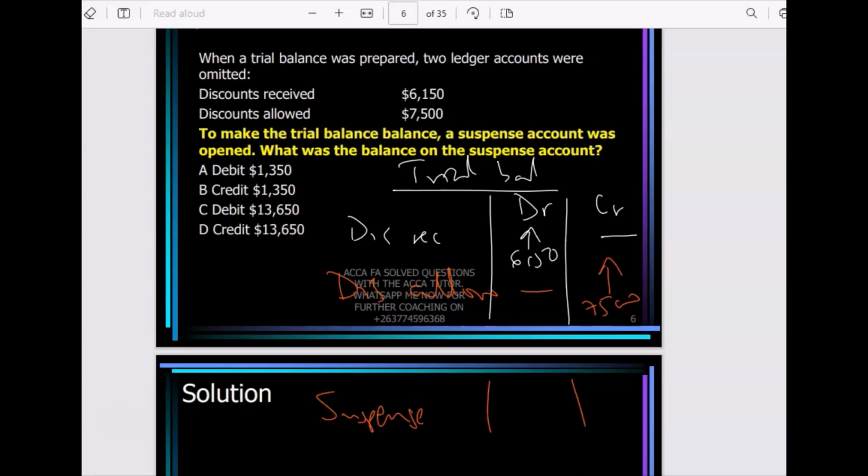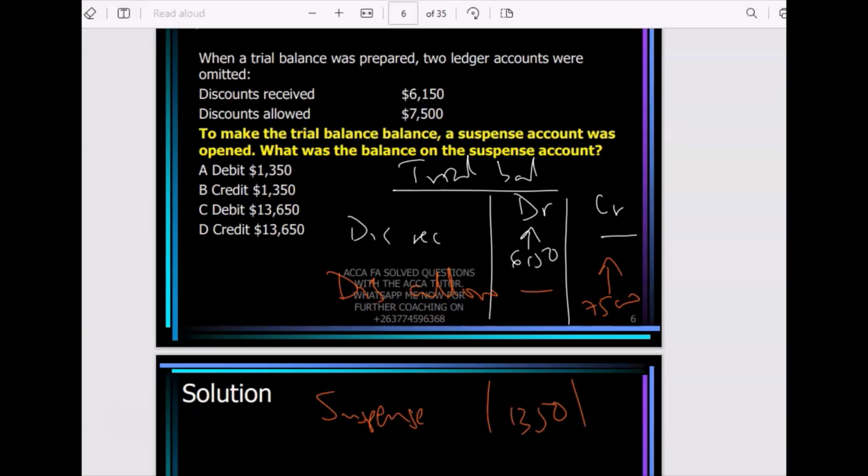Looking at the information you are seeing there, the credit side of the trial balance is over by 7,500 minus 6,150, so it is over by 1,350. So we input the 1,350 on the debit side because that's the side where there is a shortfall.